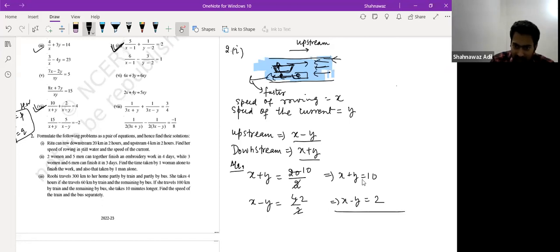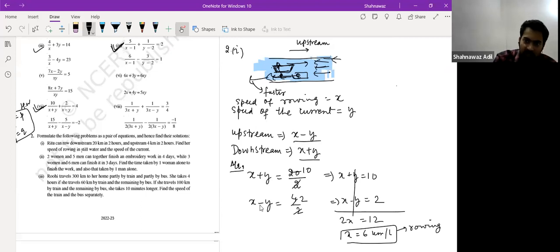Now let us add these. So 2x is 12, so x is 6 kilometer per hour. This is the speed of rowing. And what is the other speed? x minus y is 2, so y is x minus 2. So 6 minus 2, y is 4 kilometer per hour.